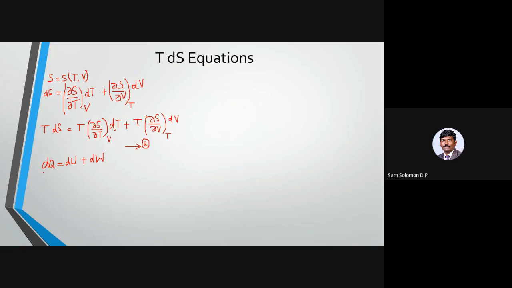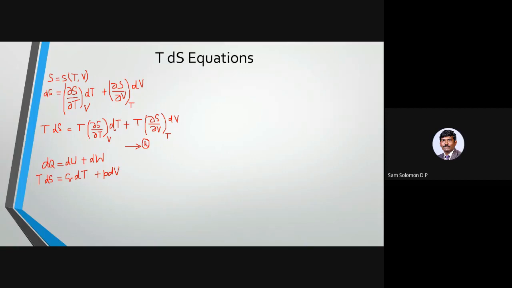We can write this dq as TdS, this du as Cv times dT, and this dw as PdV.